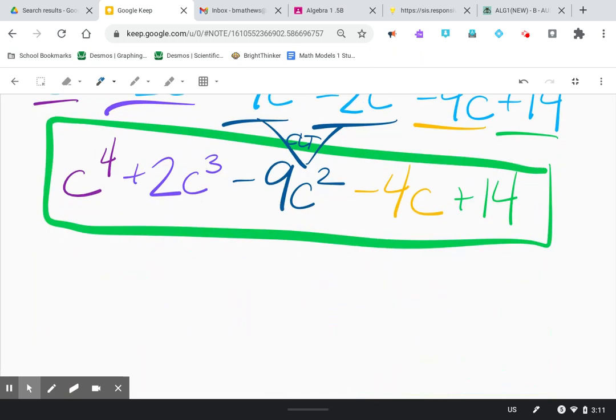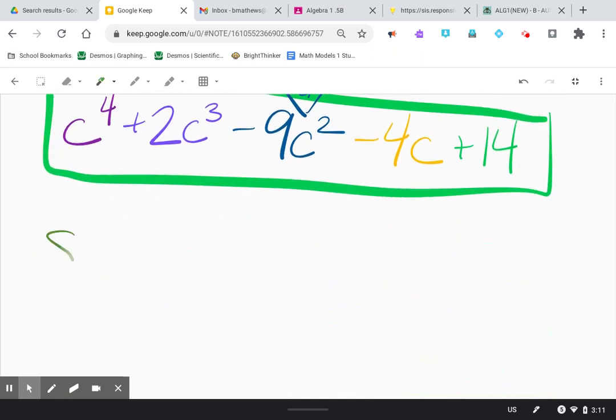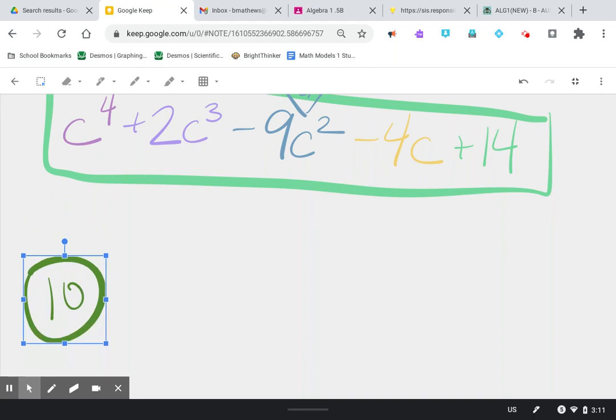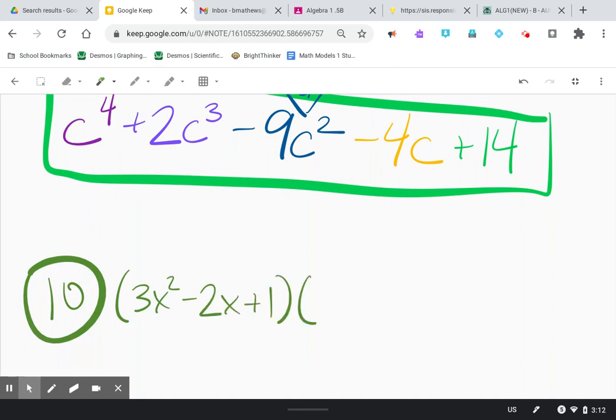All right. And then it builds to this final level, which is 3 terms times 3 terms, which is really just more steps. In this case, it's going to be 9 different things. So let's look at an example. 3x squared minus 2x plus 1 times x squared plus 4x plus 3.